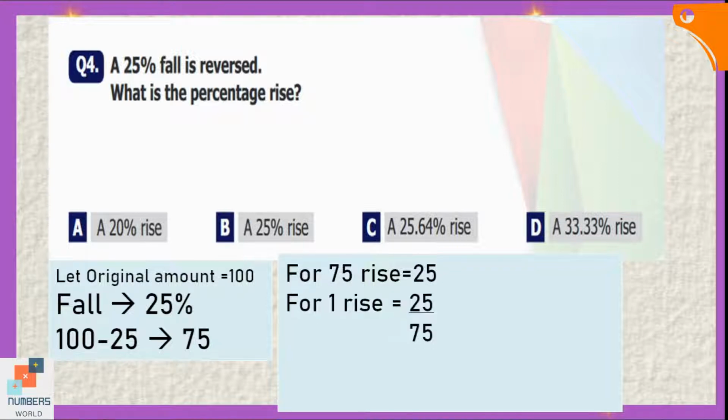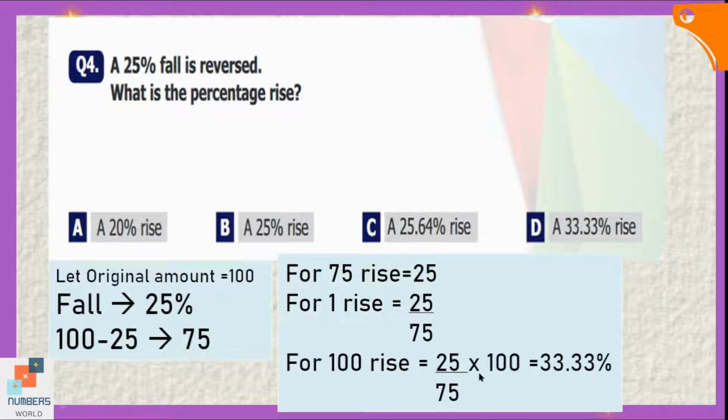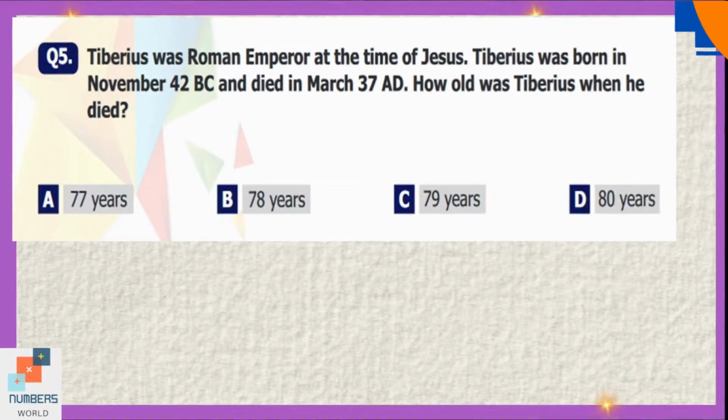And if 1 is our value, the rise amount will be equal to 25 by 75. To find out the rise amount for 100, we are going to multiply the fraction by 100. That is equal to 33.33%. So it means there will be a 33.33% rise. So it's option D.